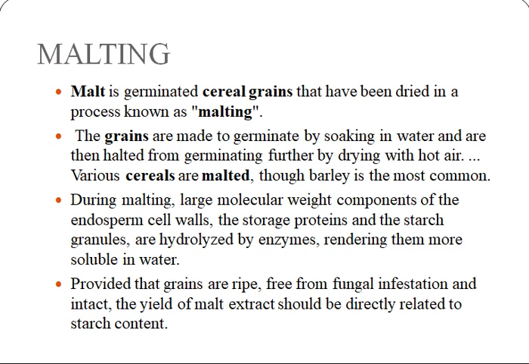We stop the germination process by applying heat, by applying hot air. Then we get the malt. As I told you earlier, different types of cereals can be malted, but barley is the most common one.